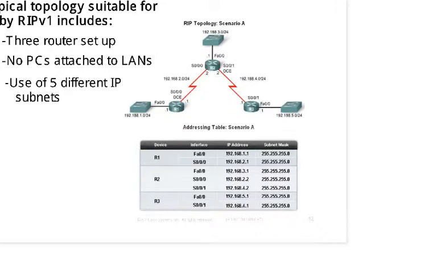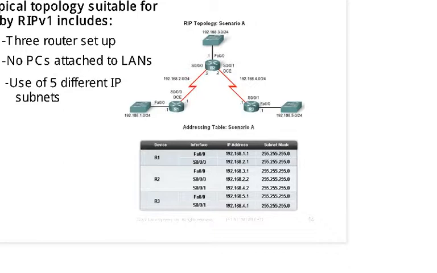And what we can notice here is that the entire network has an IP address which is in class C, which is 192.168.3.0 or .4.0 or .5.0 or .2.0.